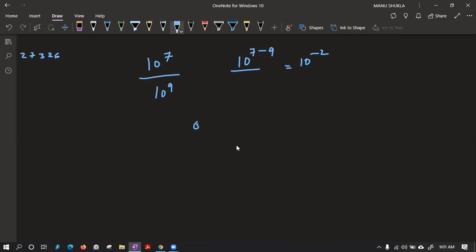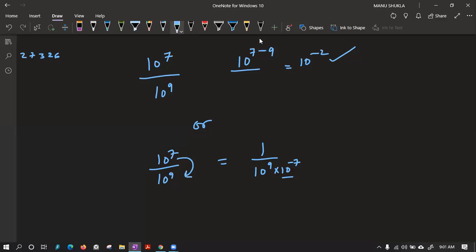What I have done is I have taken this 10 power 7 to the denominator and it became, is this correct, Joel? Can I do this? This one we have seen in the formula. I have taken 10 power 7 to the denominator and it became 10 power minus 7.